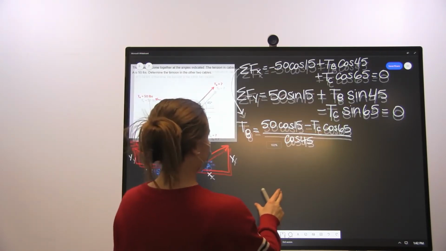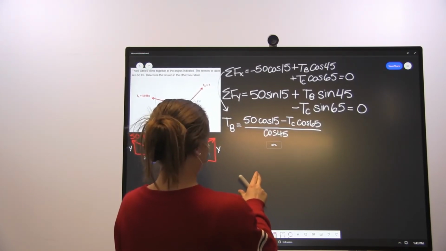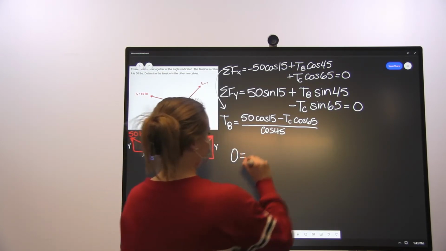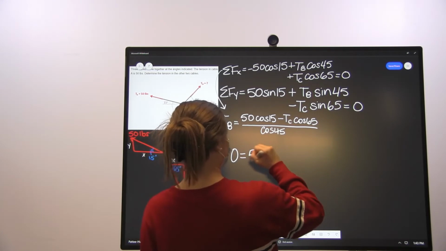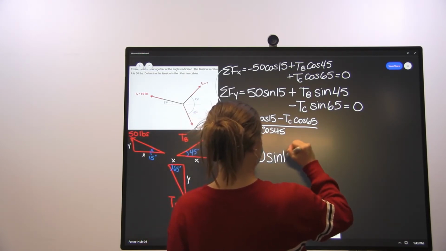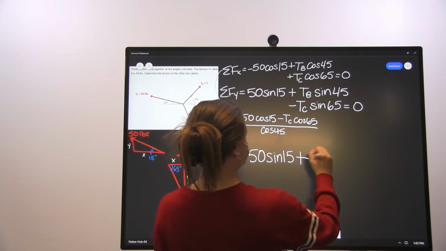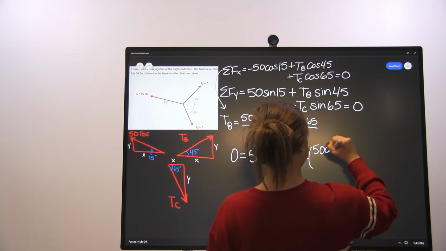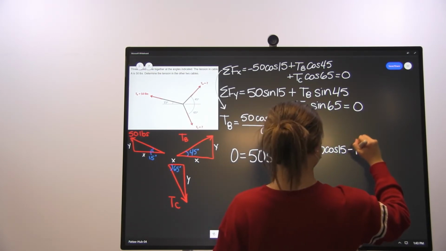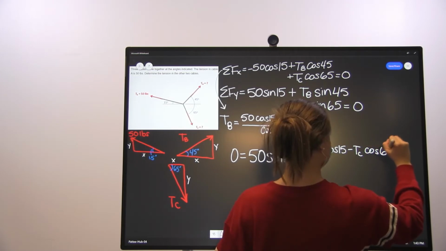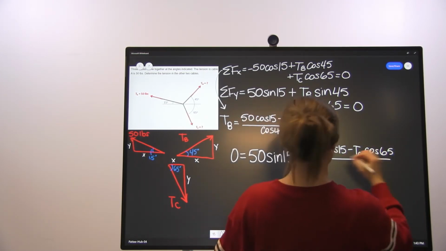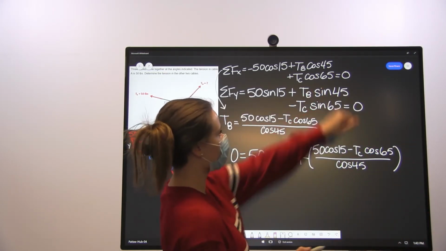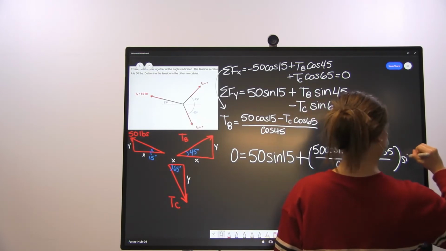So when we do that, we're going to end up with 0 equals 50 sine of 15 plus tension B, so we're going to plug this big value in, 50 cosine 15 minus tension C cosine 65 divided by cosine 45, and then that's multiplied by our multiplier on tension B, which is sine 45.